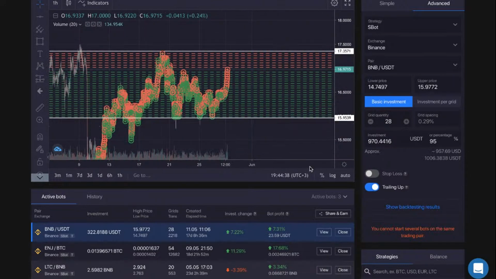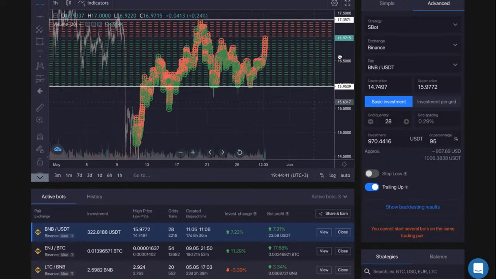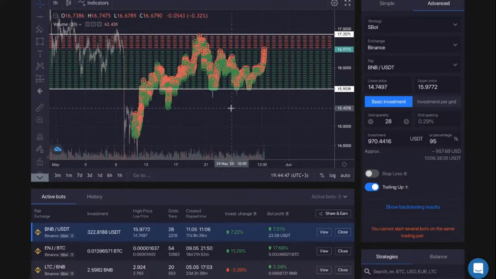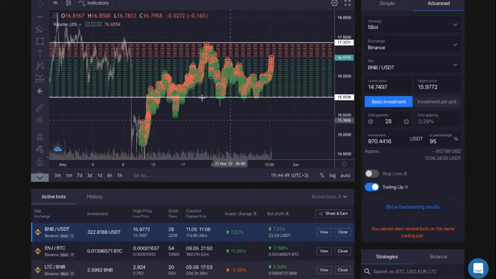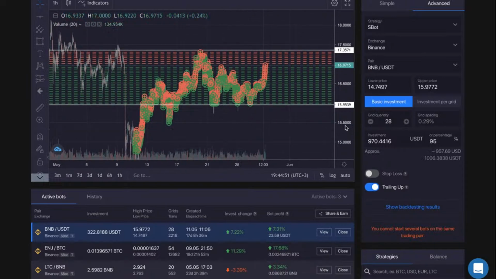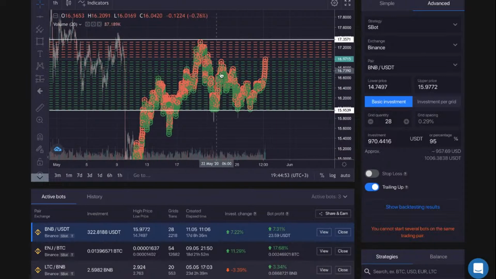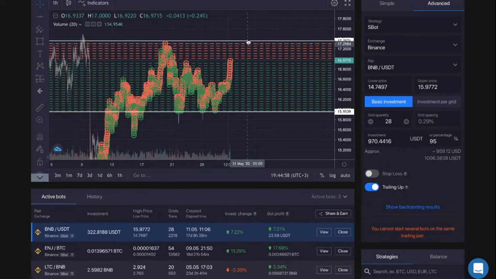But with trailing up function on, I don't have to do this for my BNB to USDT, which I initiated 17 days ago, because it has perfectly managed to follow the price, and now my price action is happening exactly in the trading range where I would expect it to be.